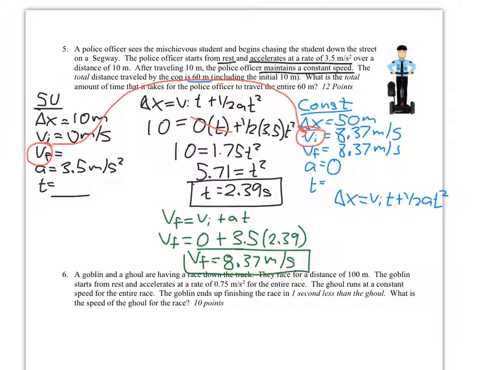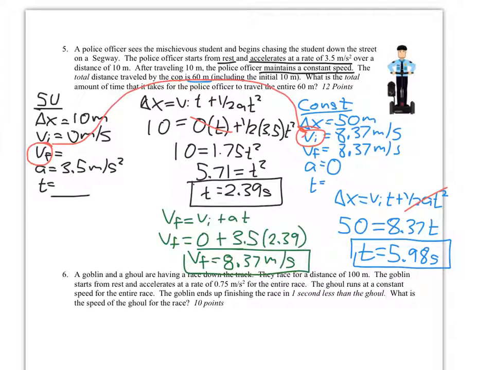That entire second term goes away because my acceleration is 0. So what I'm left with is 50, which is my displacement, equals 8.37 t. And so I end up getting that my time for that second portion is 5.98 seconds.